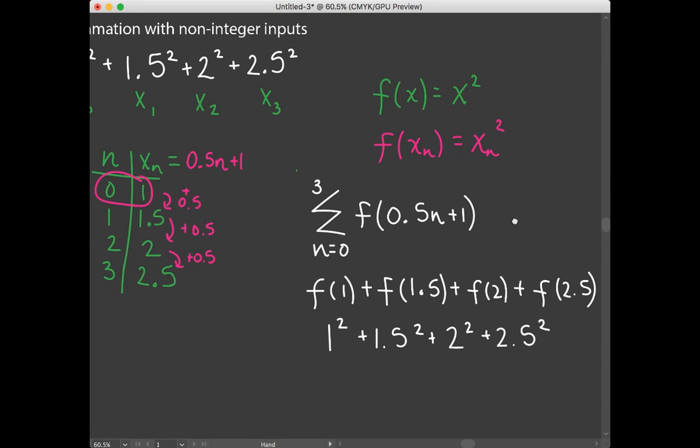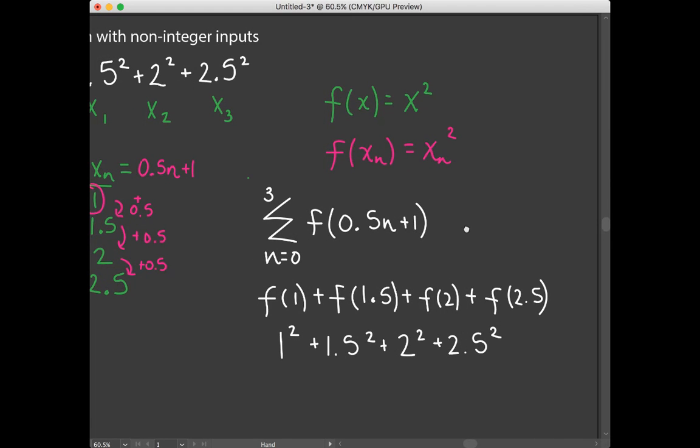Now, if you don't want to work with the function notation, sometimes if you're working in an activity or something where you don't have the function separately defined, you can still do this.